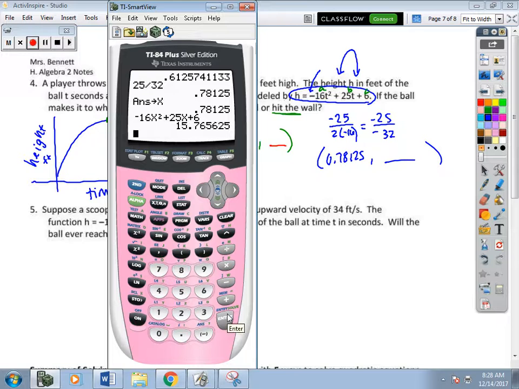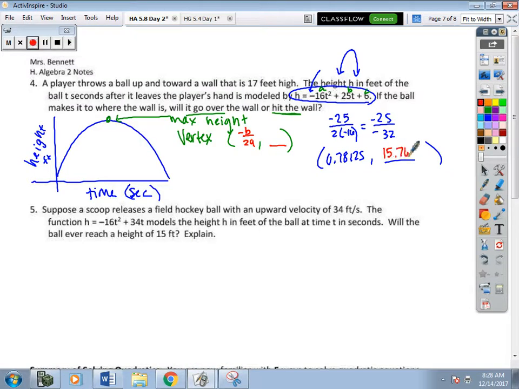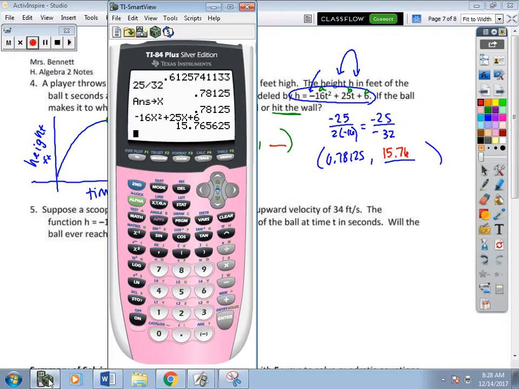Then press enter and it will find it for you. Now you could get this same thing by typing this in for t everywhere, but this is significantly faster. Okay, so that's going to give me my y value, which is 15.76. You could round this number because it doesn't really matter.